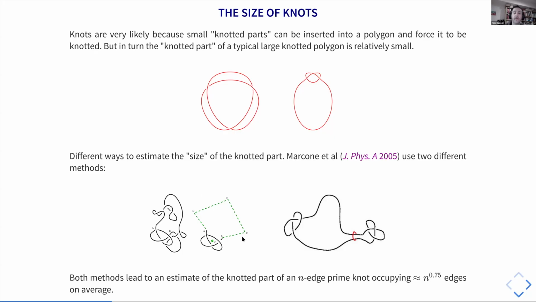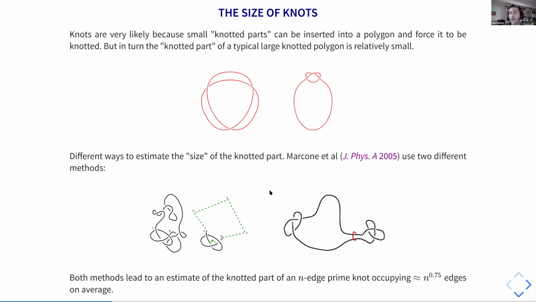And so we can say that the trefoil must have been located in this segment here, and all this other stuff around here didn't contribute to the knot. That gives us some handle on saying, the knotted bit was this bit here. How big was it compared to the overall polygon? And that gives us some idea of whether the original thing looked like this or looked like that.